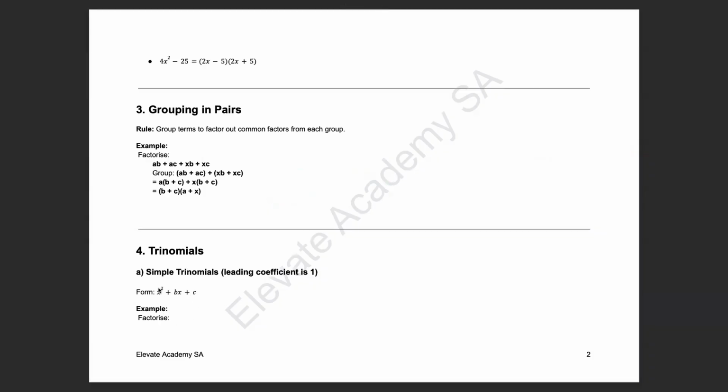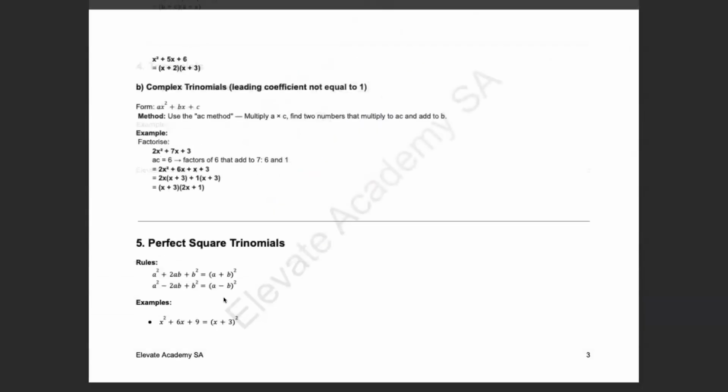When we look at this, we have x squared plus bx plus c. I'd like to go over how we solve complex trinomials first. There's a method in which you can use your calculator, but I'm not going to be going through that in this video. We're going to go through something called the AC method.